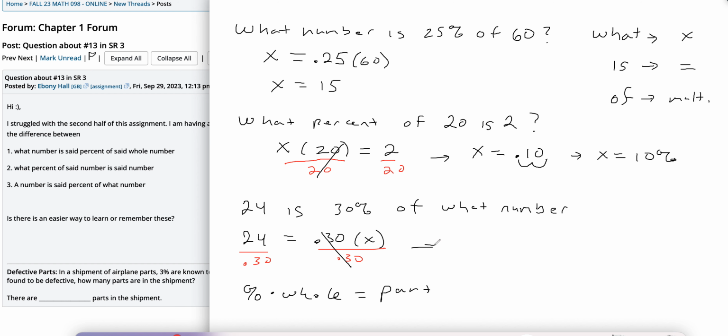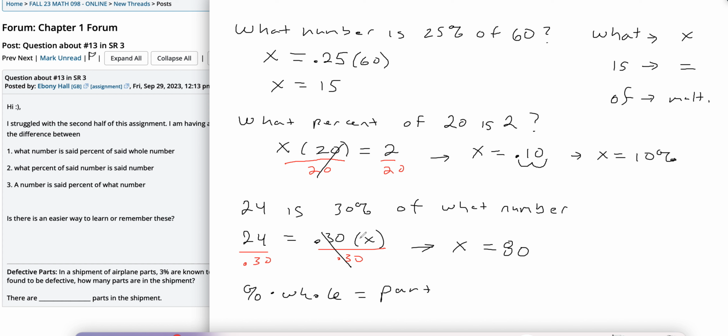That cancels. And then if you throw that in a calculator, I think you should get x equals, I think it was 80. 8 times, yeah, that would make sense, 80. So in terms of just the words, without even really knowing what you're doing, you can just do what is and of, and then that helps you translate all of those right into a mathematical equation.